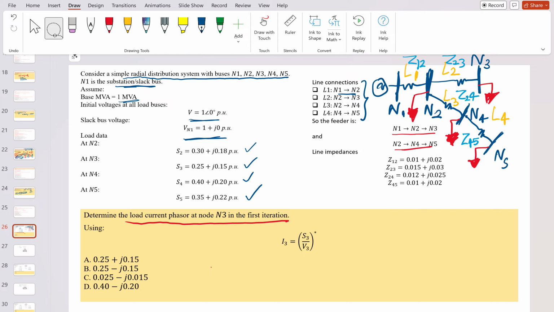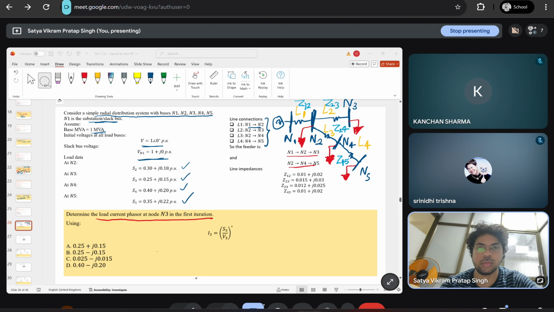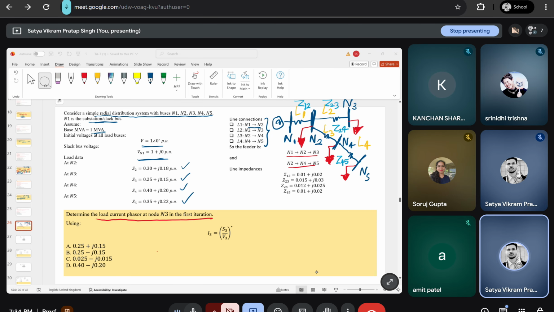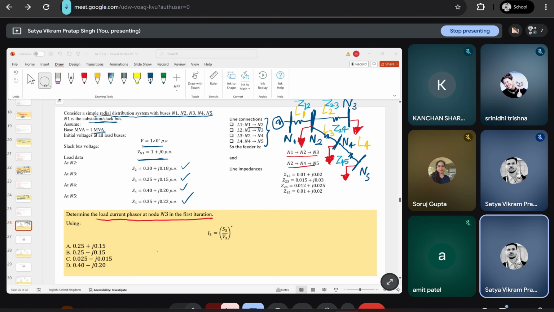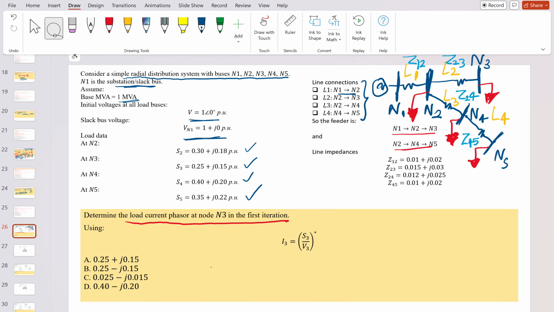If you don't have a calculator, just take it from somewhere. Okay, that is very important. Okay, option B, I got one answer. Let's wait for 10-15 more seconds. After that, I will give the solution.